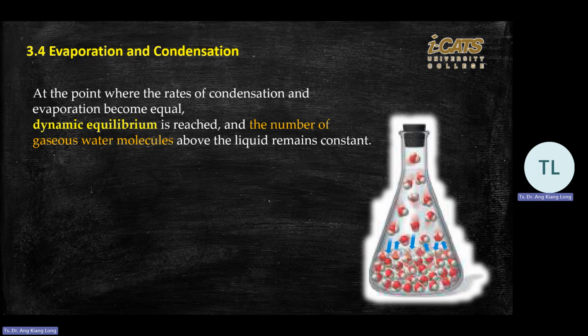When will these two be equal to each other? When you reach a dynamic equilibrium. What is dynamic equilibrium? It is when the number of gas water molecules above the liquid remains constant. In this case, if you look at the diagram, the volume must be constant, meaning it's a closed container.